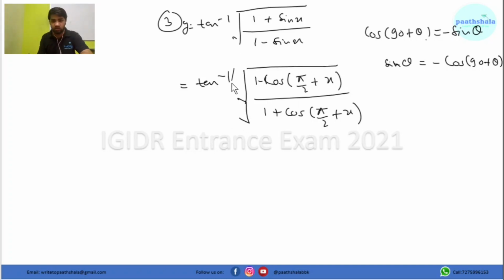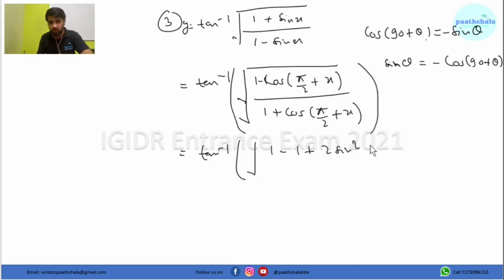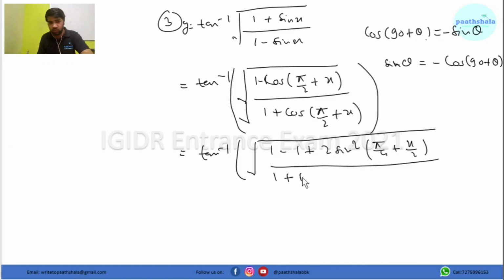So this will become tan inverse under root 1 minus 1 plus 2 sine square. Now we are applying the half angle formula, so this whole will become half, so this will be pi by 4 plus x by 2. And in the denominator it will come out to be 1 plus 2 cos square of pi by 4 plus x by 2 minus 1. So minus 1 and plus 1 get eliminated.